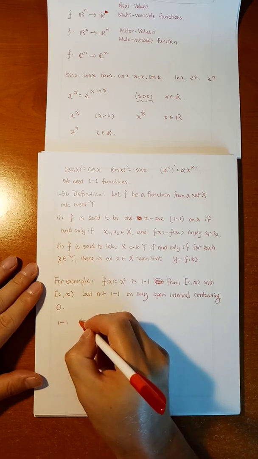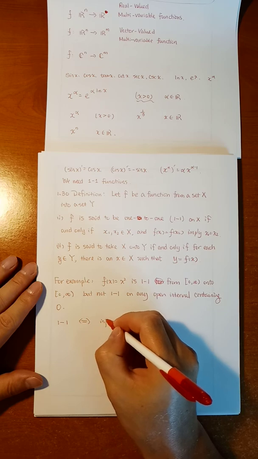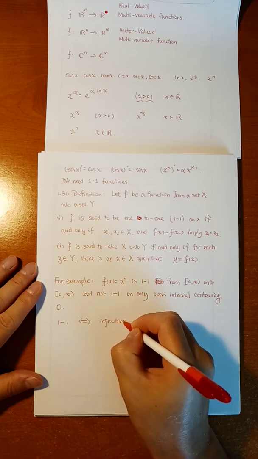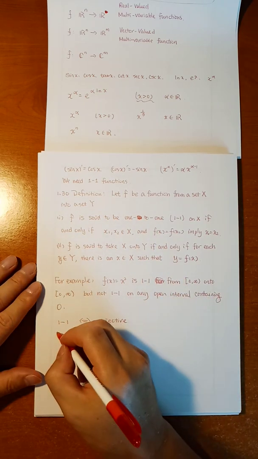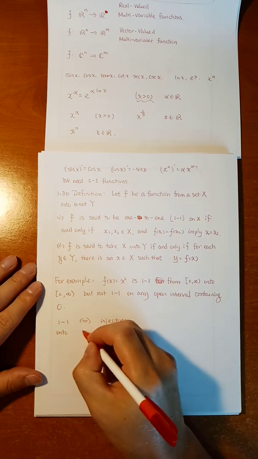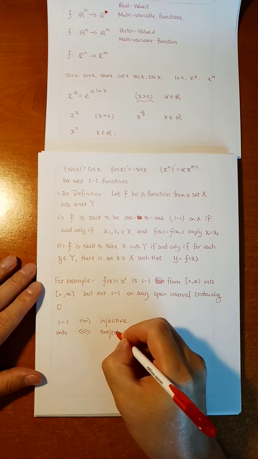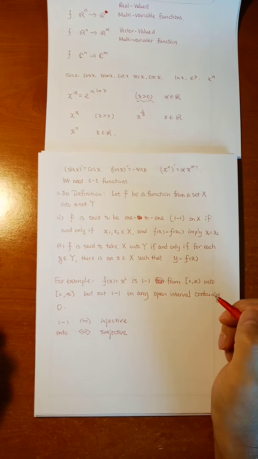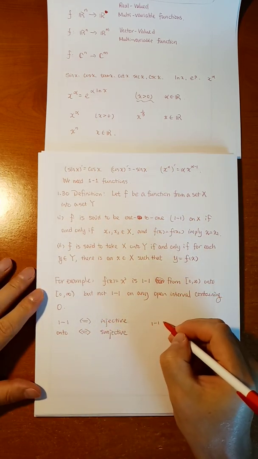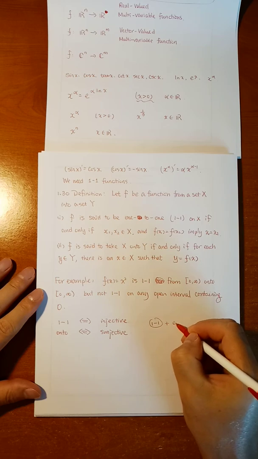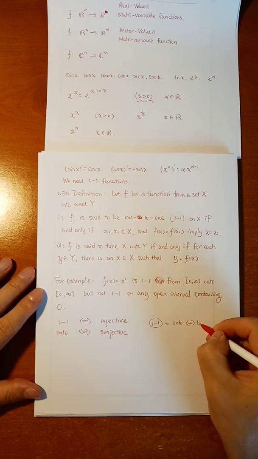And one-to-one is sometimes also called injection. One-to-one function, injection, or one-to-one injective. The property is called injective. The function is an injection. And onto is also called surjective. And together, one-to-one plus onto is called bijective.